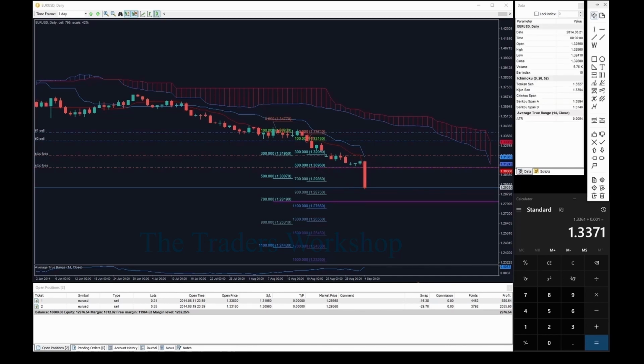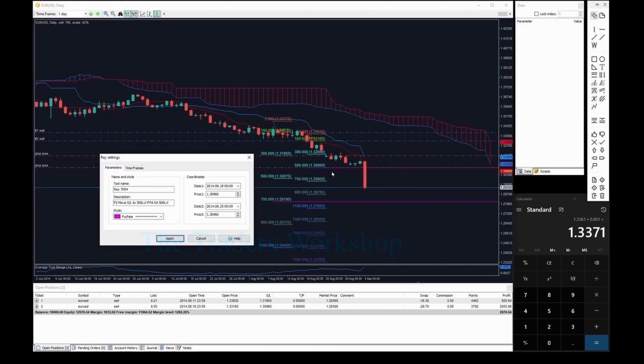Now let's edit the ray line's description, and next price level for this position. The new description should be, for position 2, move the stop loss to level 700 if price action hit the level 900.